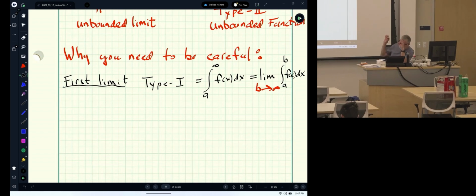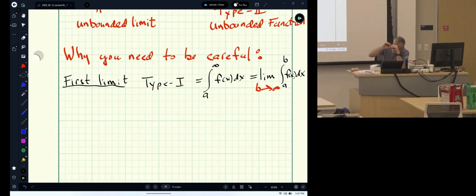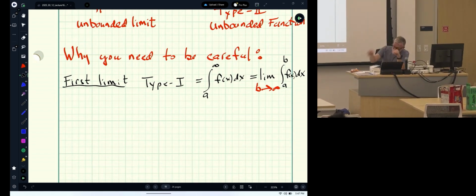Okay, so anytime you see infinity, that's not a real number, so it's a limit.